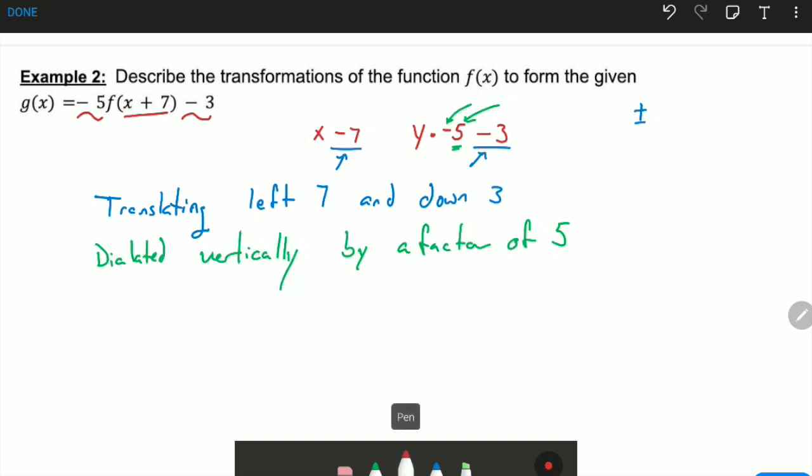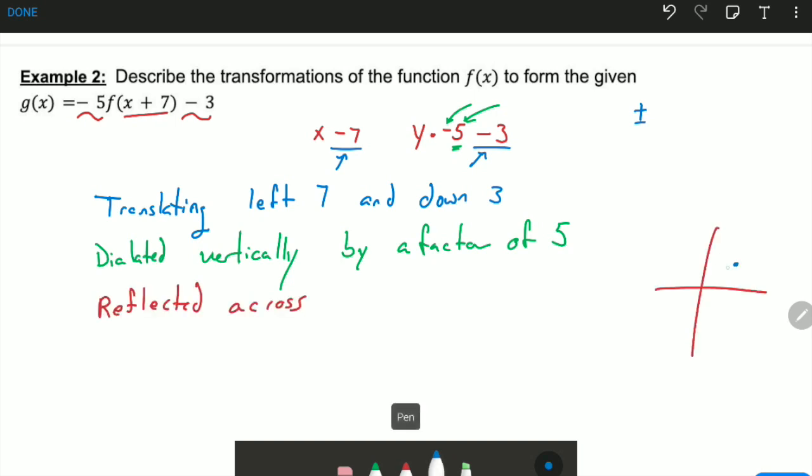And in addition, since I am multiplying by a negative 5 instead of just a 5, that also gives me a reflection across. Since this is affecting the y values, it's actually across the x-axis.